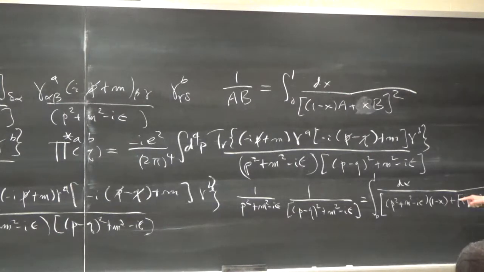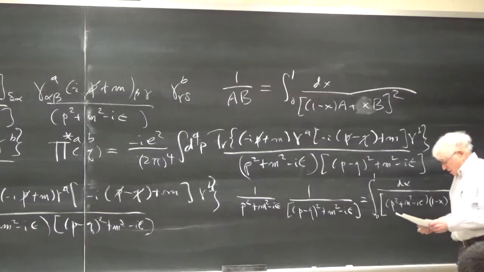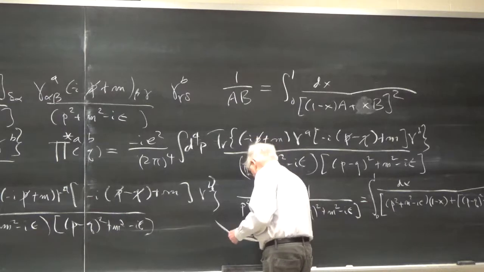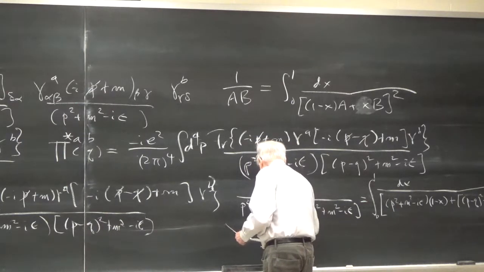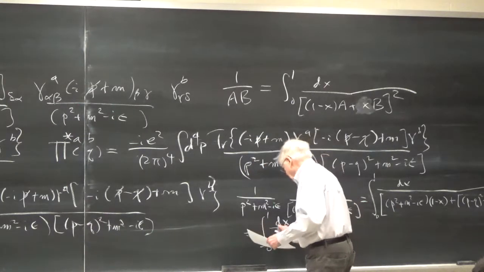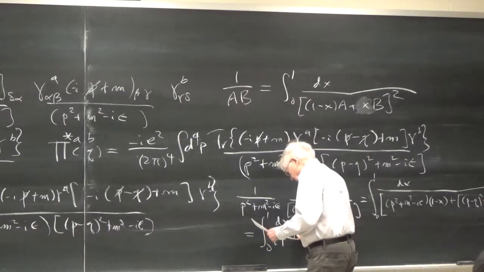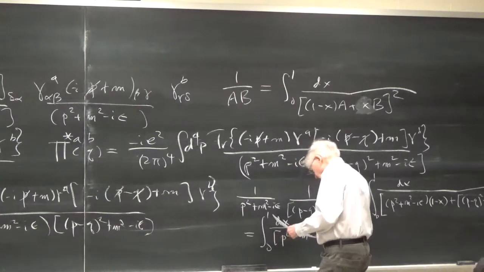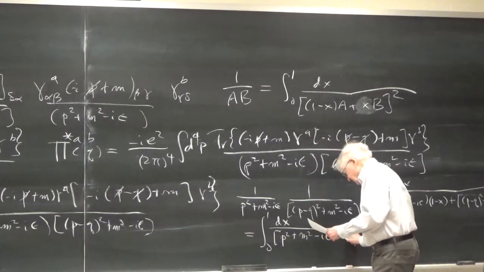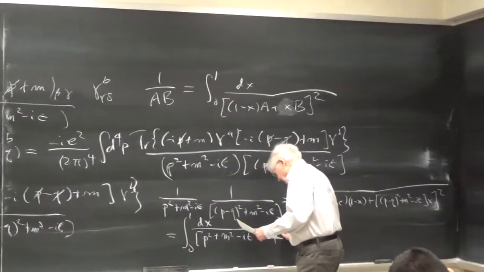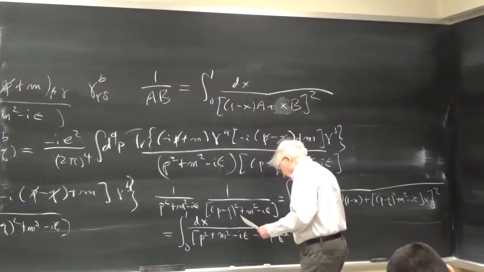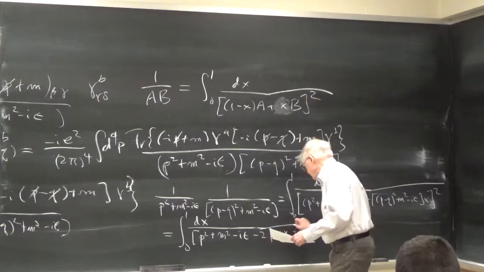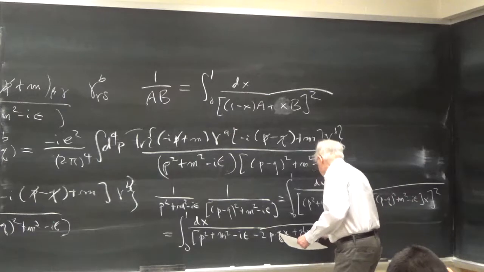Now if you expand these things, you see that in fact it is the integral from 0 to 1 dx, and this denominator then is p squared plus m squared minus i epsilon, and then minus 2 p dot q times x plus q squared x, all of that squared.